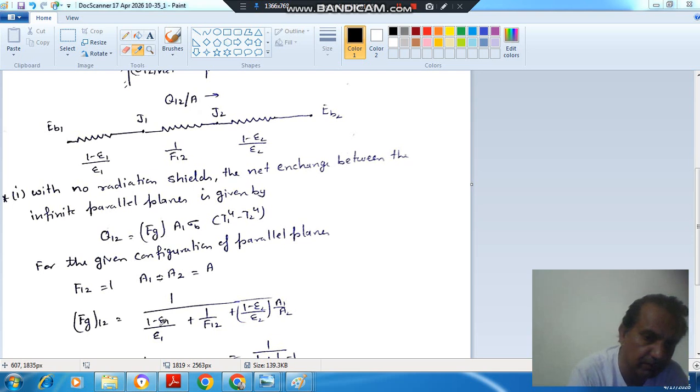So this is 1 by (1 minus epsilon 1) divided by epsilon 1 plus 1 by F12 plus (1 minus epsilon 2) by epsilon 2 times A1 by A2, that is the general formula.